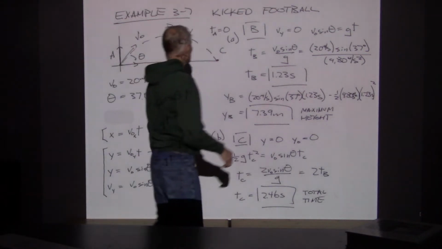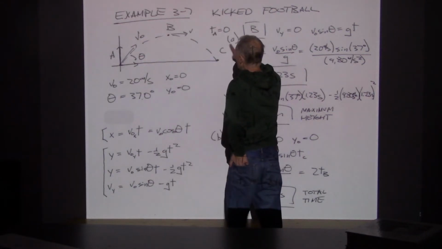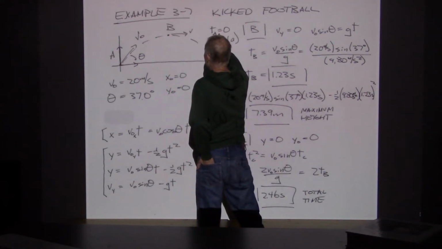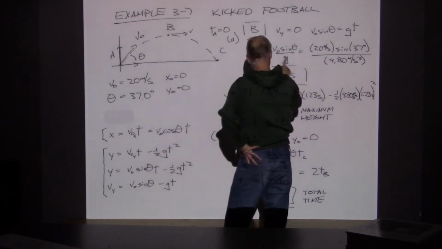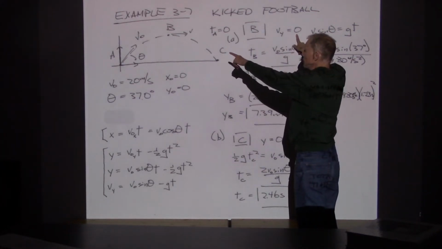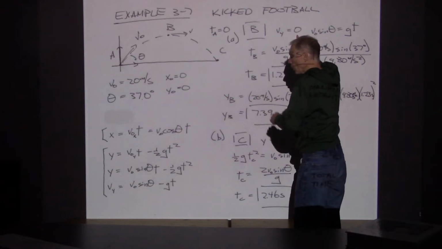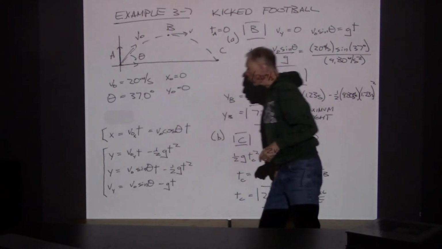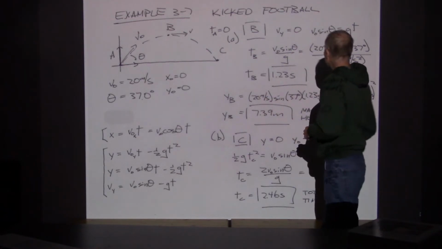Now in part A, they're asking about point B, and they're asking about the time. How much time is it going to take? We know at point B the y velocity has gone to 0. So I can come down to my y velocity formula and set that whole thing equal to 0.